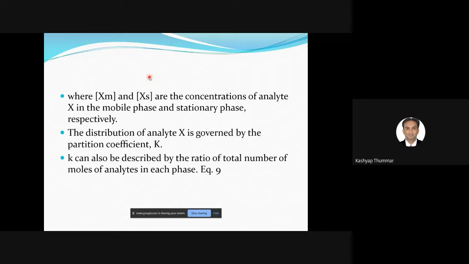The partition coefficient is denoted as a capital K, while the retention factor is denoted as a small k. Small k can also describe the ratio of the total number of moles of analyte in each phase.